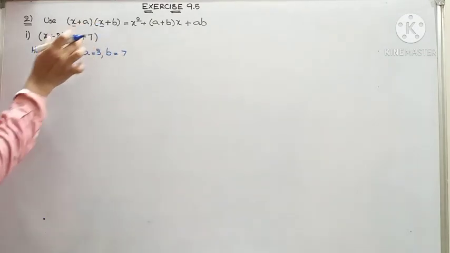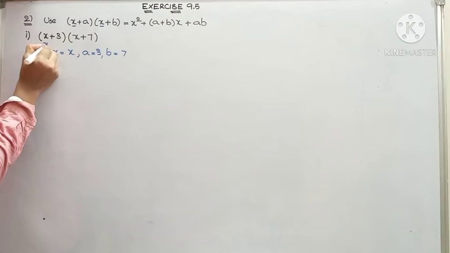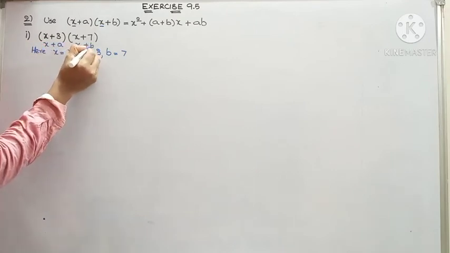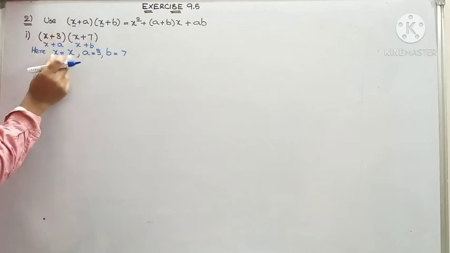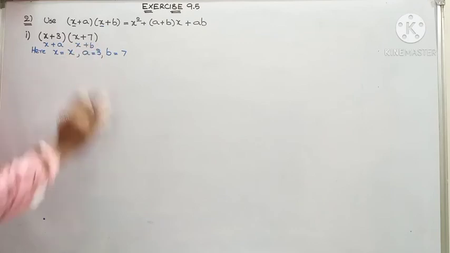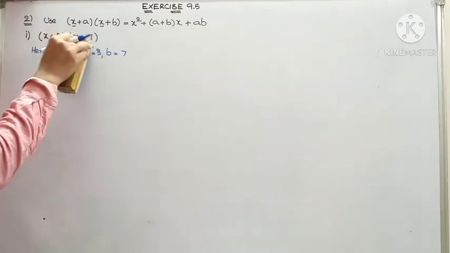I am comparing (x + 3)(x + 7) with (x + a)(x + b). See, in both the cases the value of x is the same, the value of a is 3 and the value of b is 7.